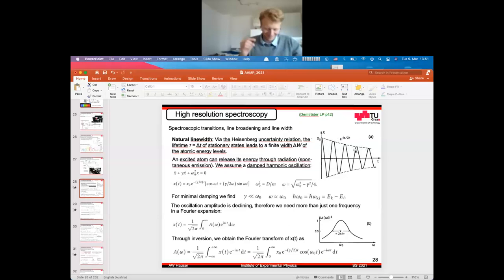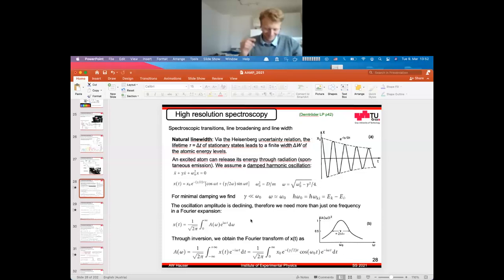This is mathematically exact. This is a full, complete basis, so we can write x as a function of t as this function, and then do an inversion, because what we're actually interested in are these coefficients in our combination to form the solution, right?